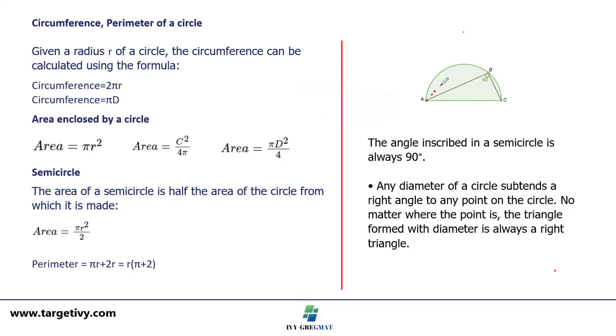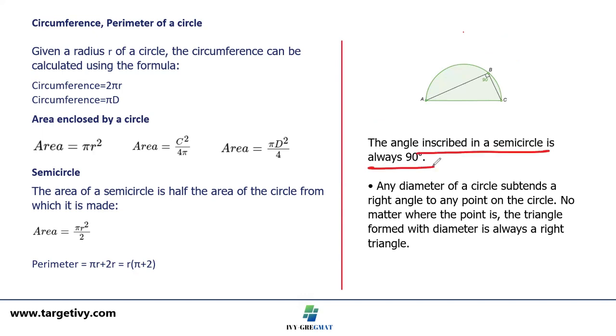Let me change the pen. See if I draw an angle here, this angle, so this becomes 90 degrees. The angle inscribed in a semicircle is always 90.